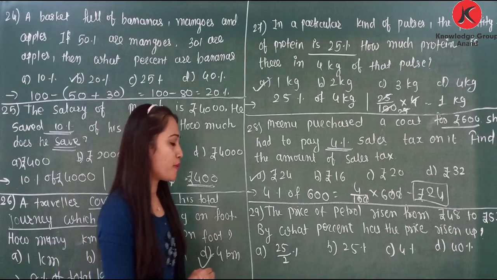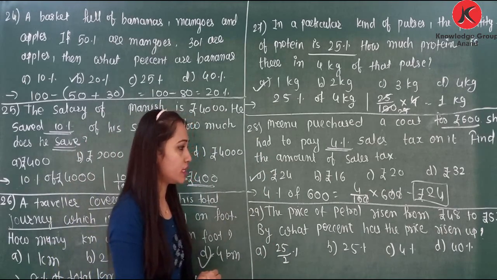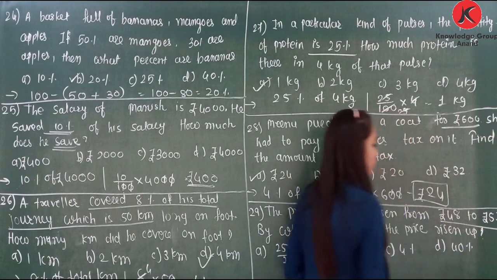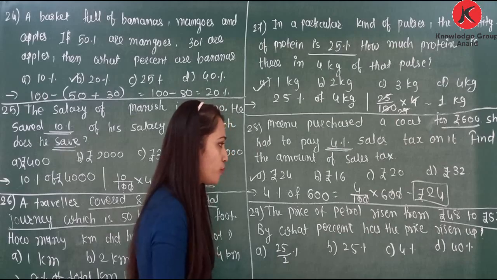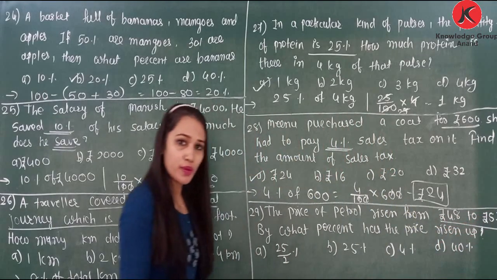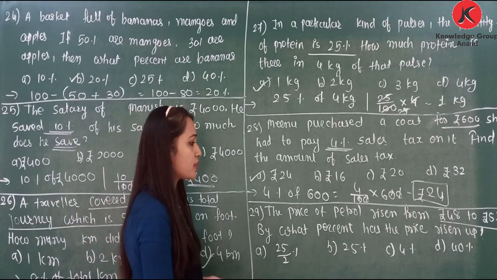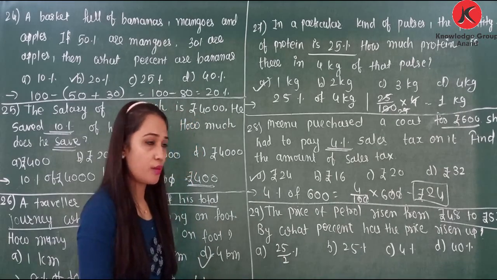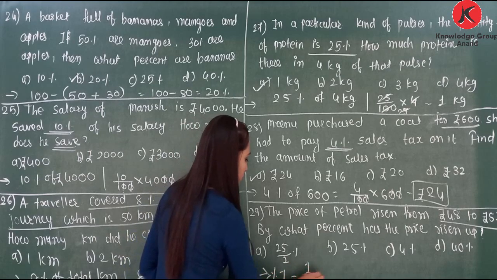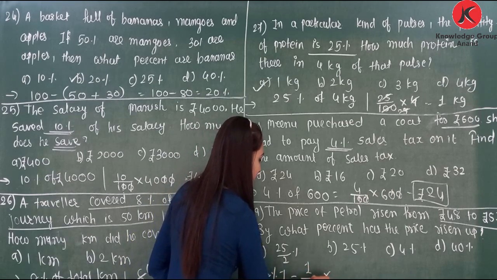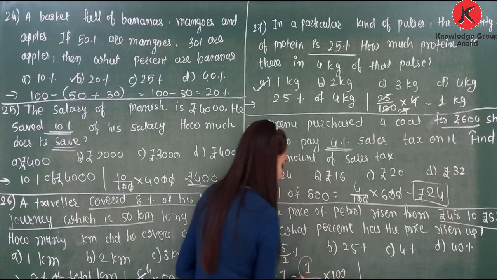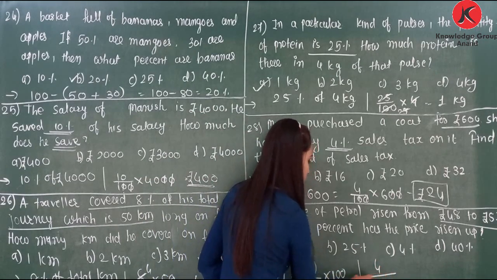Next, the price of petrol rising from 48 to 52. So increase in price is given. That is 4 rupees. From 48 it becomes 52. So 4 rupees is increased. By what percent has the price risen? So we can write percentage increase is equal to increase divided by original value multiplied by 100. Increase is what? 4 rupees.